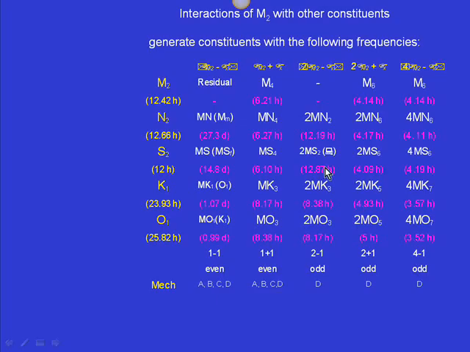So notice the M2 with the K1 produces a modulation pretty close to diurnal, 1.07 days, which is close to those 24 hours of the K1, and a distortion of 8 hours. Notice that the M4 interacting with the K1 will also produce a modulation of 8 hours. So these are 3rd diurnals, 3 times per day, around 8 hours.